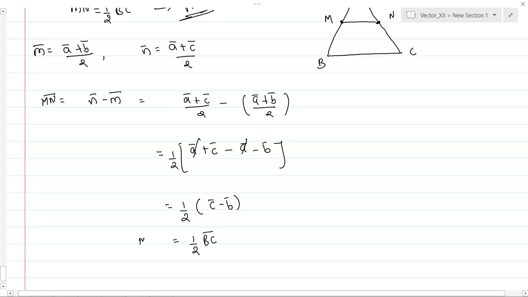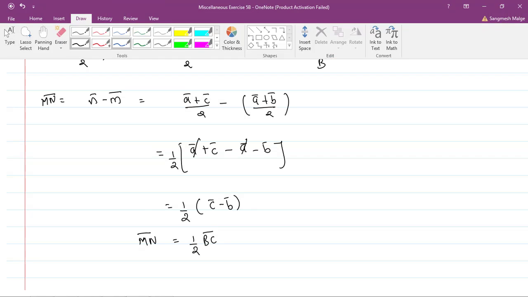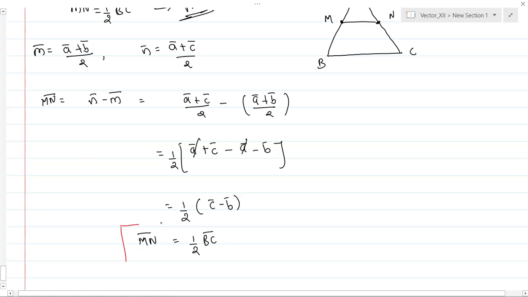So this is nothing but MN bar. That's the only thing we wanted to prove here: MN bar is a scalar multiple of BC bar, and you know that if we have a scalar multiple, then MN and BC are parallel to each other. MN bar is parallel to BC bar.